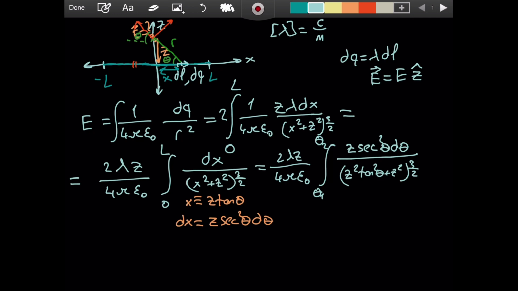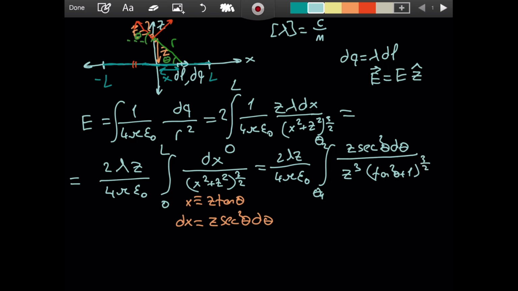And so in the denominator, if we factor out z squared and take it to the power of 3 over 2, we're going to be left with z cubed. And if this step is fast for you, please take a pencil and a paper and do it step by step yourself. And the other part is tangent squared plus 1 to the power of 3 over 2.